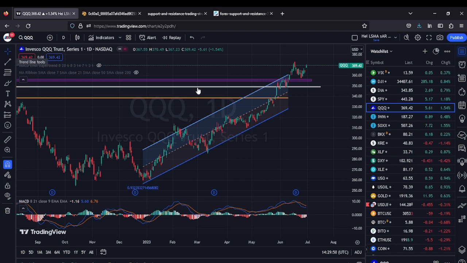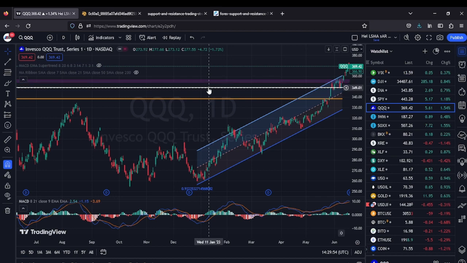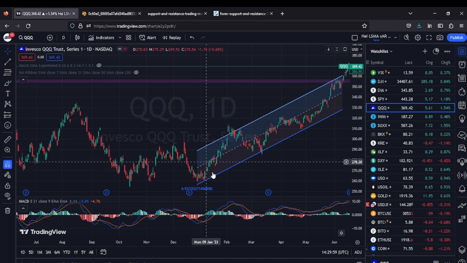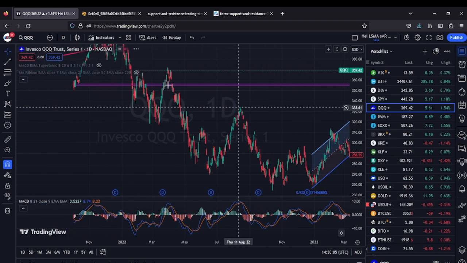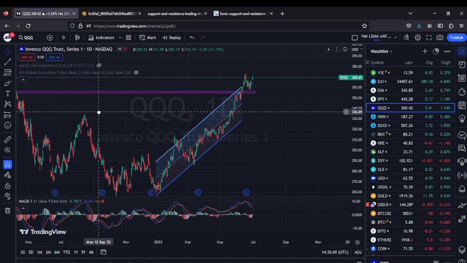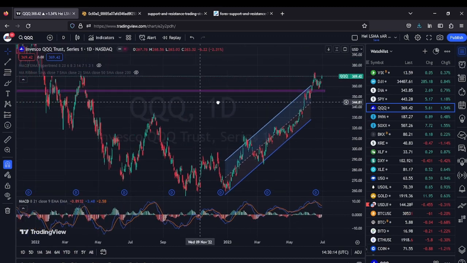Now, let me take out some of the lines. Let's clean this up a little first. I have an uptrend, an up regression channel, and this box is where I find the previous resistance area. I draw a box.